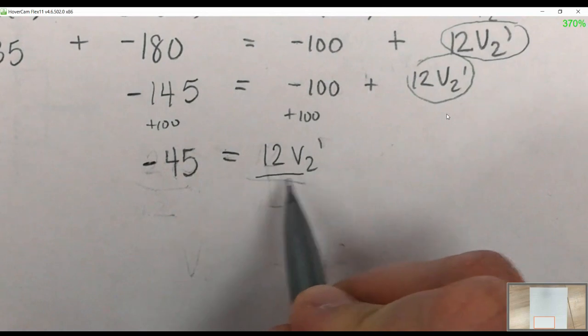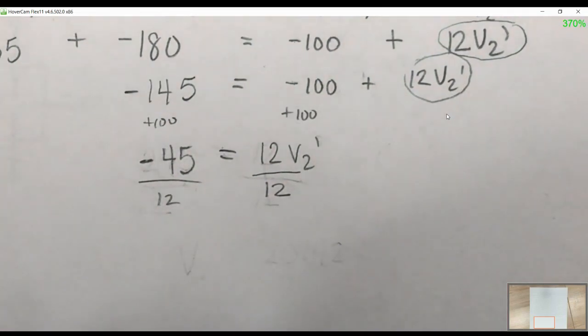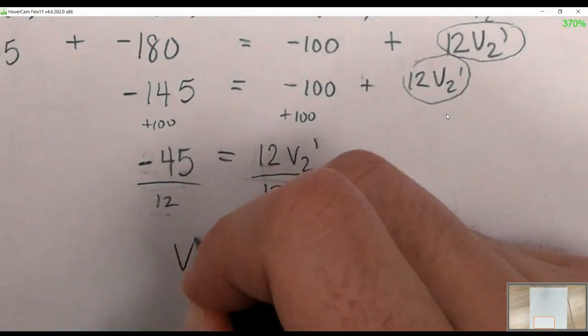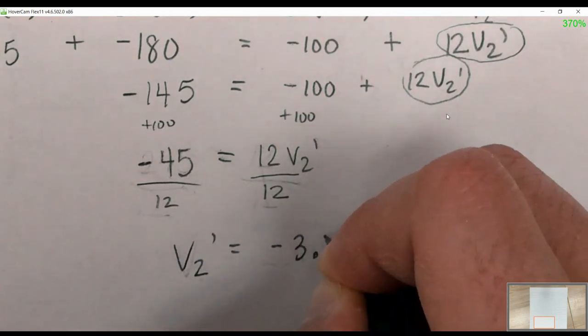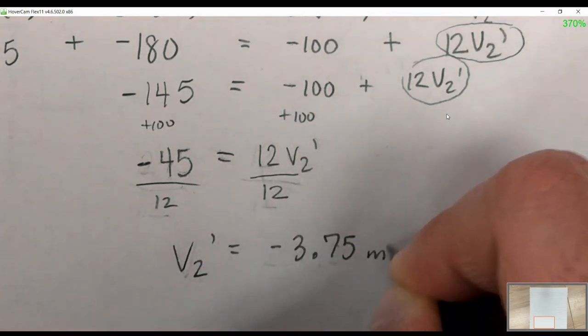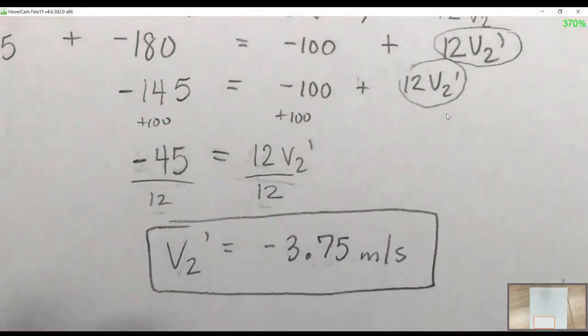And then to get the 12 by itself, divide both sides. Negative 45 divided by 12. Yep, that makes better sense. V2 prime comes out to be a negative 3.75 meters per second. All right, good work.